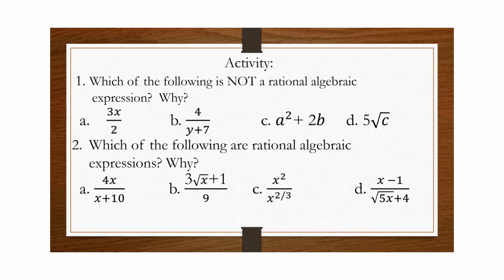It's because you can see here you have a square root of a variable. Here you have a fraction in the exponent. And you have here a square root of a variable as well. So in that case, we only have letter A for your answer. The rest, you can continue working out in your module.